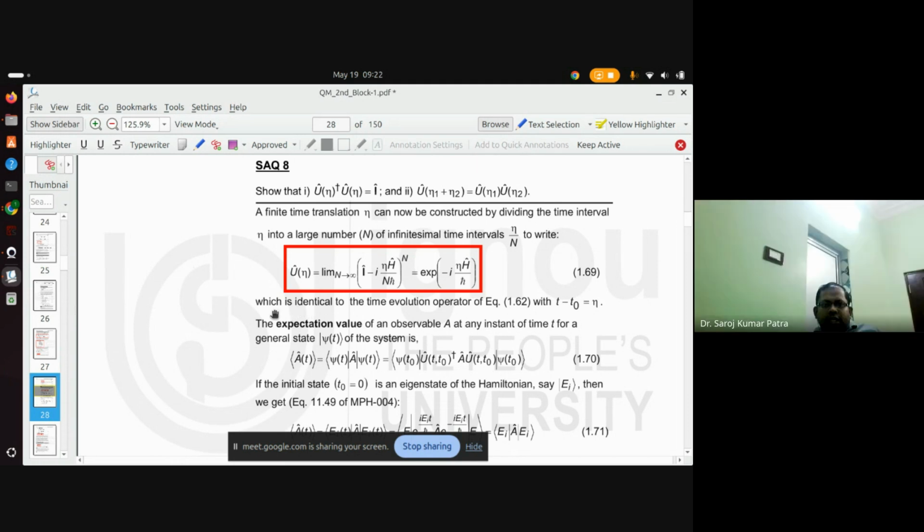It is also said here, which is identical to the time evolution operator, equation 1.62 with t minus t0 equal to eta.